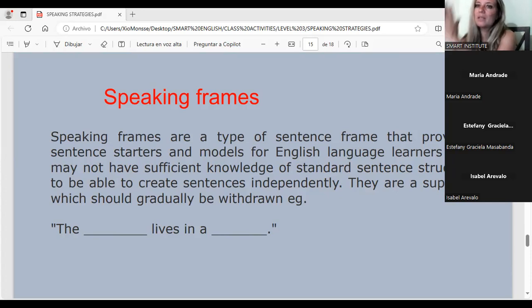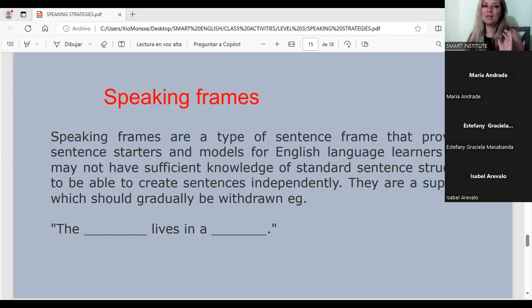You can elicit vocabulary from your book. Put the vocabulary on one side of your board, and on the other side you're going to write sentences like this: the, live, in a, right?